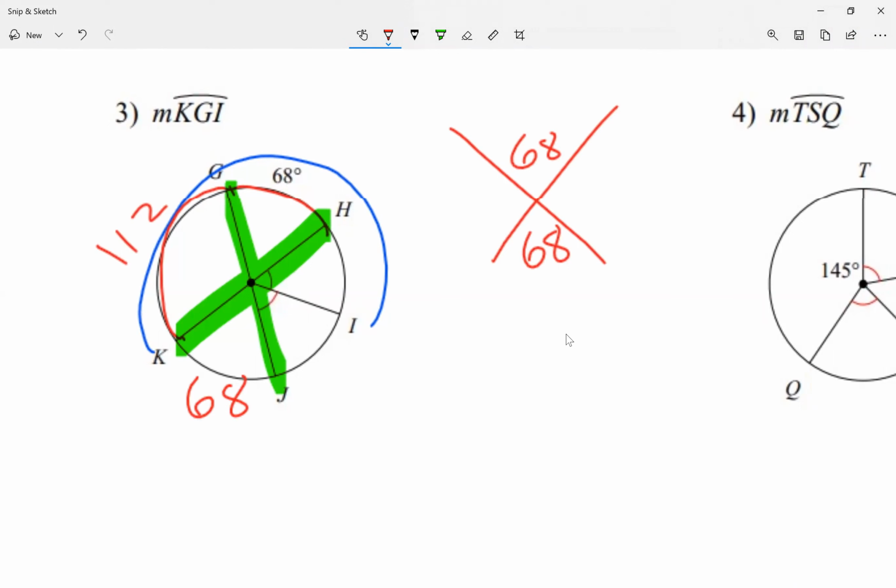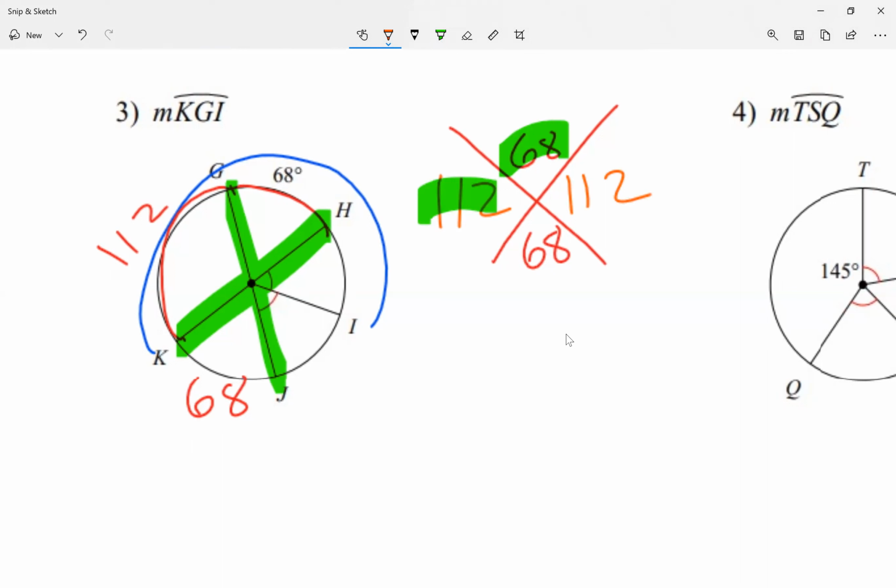Another thing that I remembered is that two angles adjacent in an X, so two adjacent angles, are equal to 180. So I'm going to say this right here has to be 112 because these two angles have to add up to 180. So that means this right here is 112. So from H to J is 112.